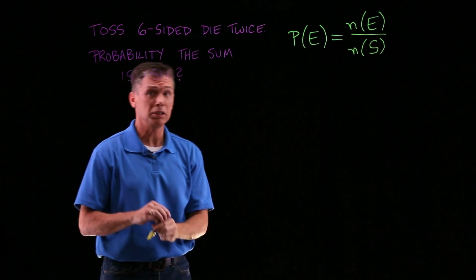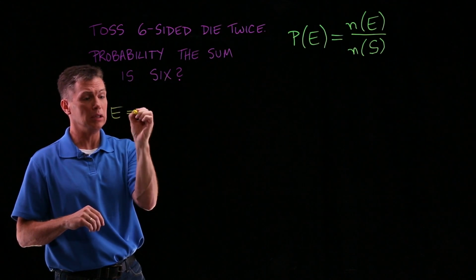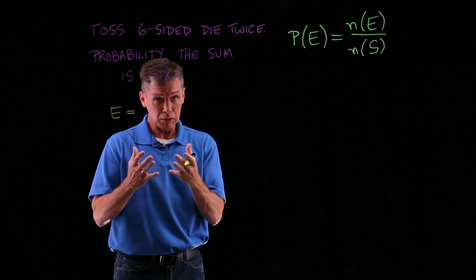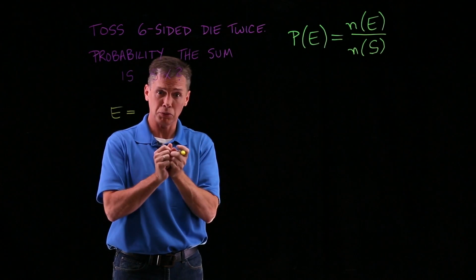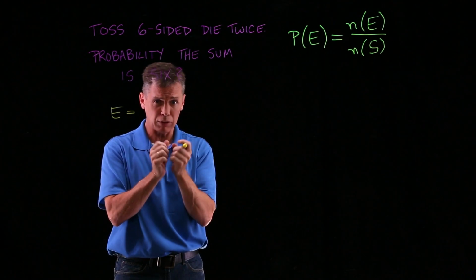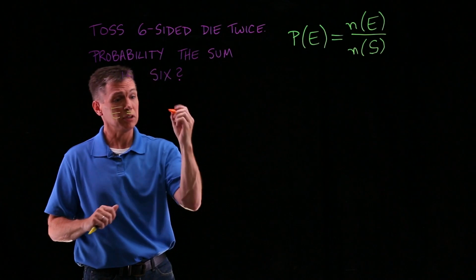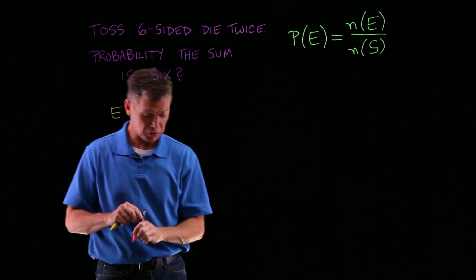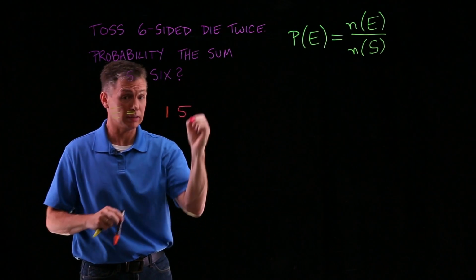So let me slide over here, and let's try to get a handle on our E. The event that we want to happen is that the sum of the dice, when you roll two of them, is 6. Okay, so how can that happen? One way that it could happen is I could get a 1 on the first die and then a 5 on the second die.